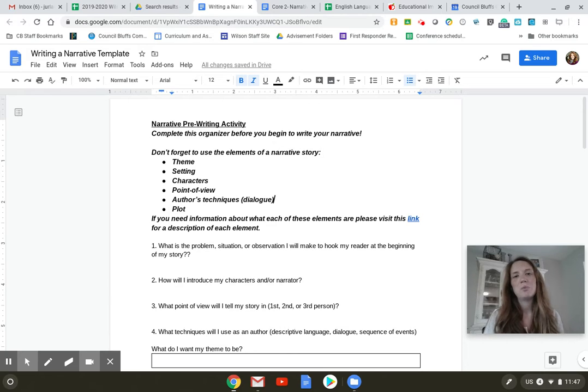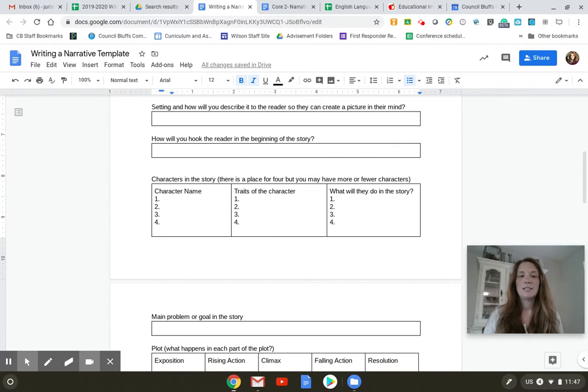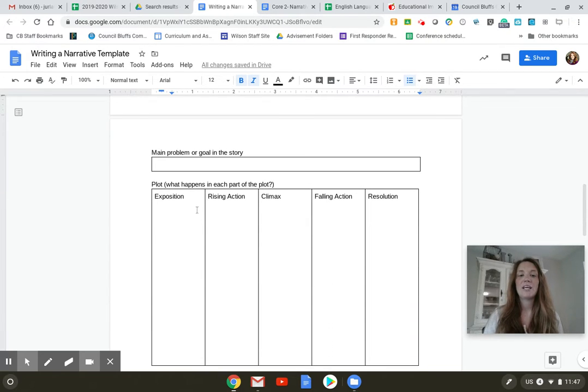So you've been learning about plot in English and language arts since you were in second grade. And plot is just that kind of curve that we follow. And if we go down here, we have an exposition, which is just like our introduction. We introduce the characters, the setting, build the background information.